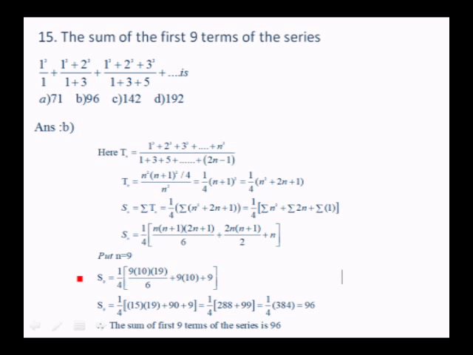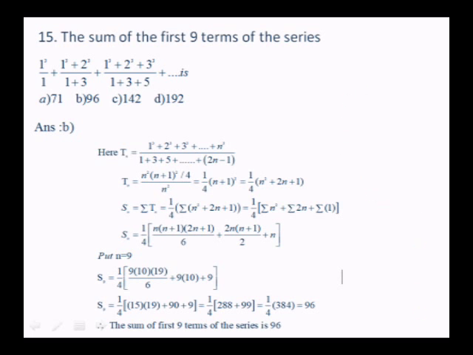ಸ್ವಲ್ಪ ಇಲ್ಲಿ ಯೋಚನೆ ಮಾಡಿ ಸರಿಯಾಗಿ ಬರಿಬೇಕು. 1 by 4 into sigma n square plus sigma 2n plus sigma 1. You know the formula for sigma n square, ಅದನ್ನು substitute ಮಾಡಿ 1 by 4 into n plus 1 into 2n plus 1 over 6 ಬರುತ್ತೆ. You know the formula for sigma n, so 2 into n plus 1 over 2, and remember sigma 1 is n.